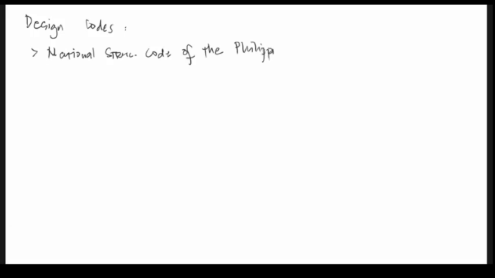Next, for the design code, anong mga ginagamit natin na design code? Ito yung gagamitin natin, and also in your board exam, ito yung halos makikita ninyo na gagamitin. No? So the first is the National Structural Code of the Philippines, or NSCP for short.